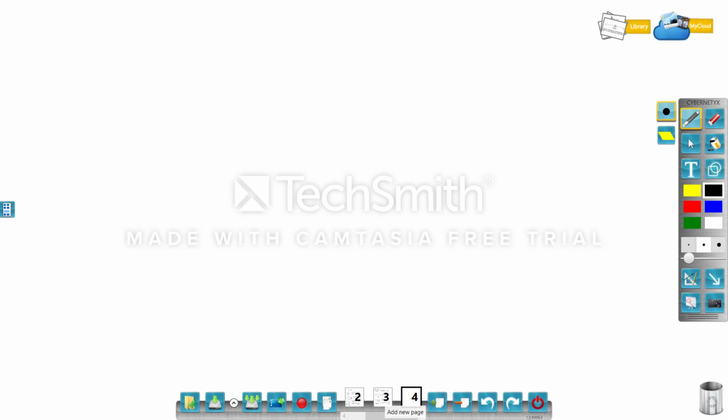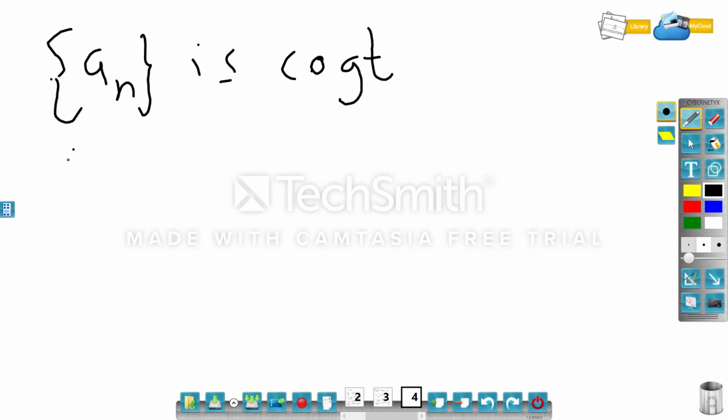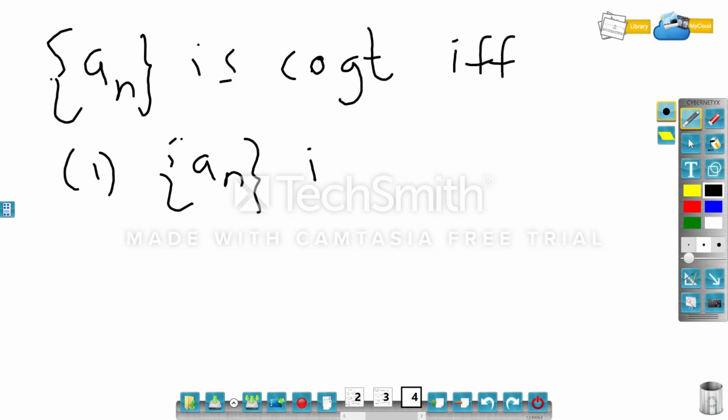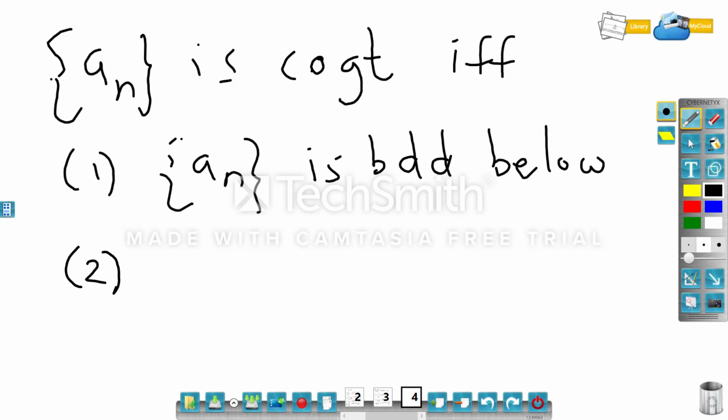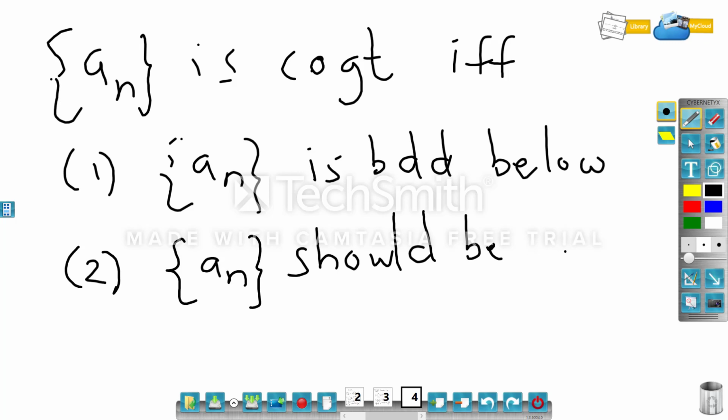On a similar line, the sequence an is convergent if and only if the sequence an is bounded below, and the second condition, the sequence an should be a monotonic decreasing sequence.